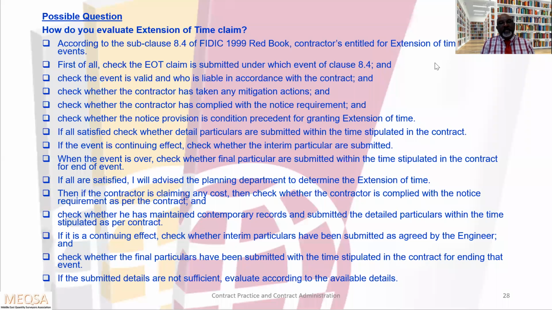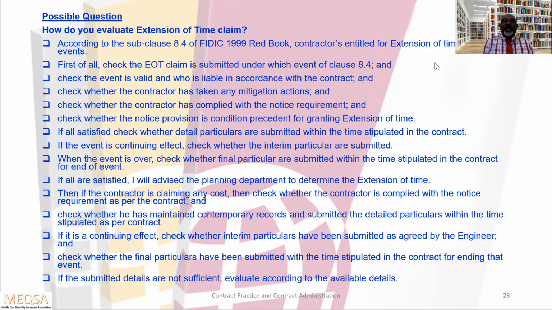You have to give step by step to the panel. You have to give the answer like this. As per my contract, you can say, subclause 8.4 of FIDIC 99 Red Book, the contractor is entitled to an extension of time under 5 events, 5 grounds.